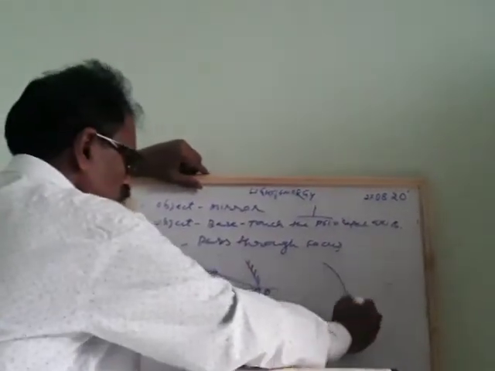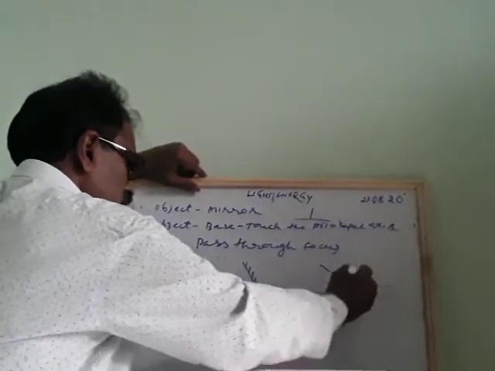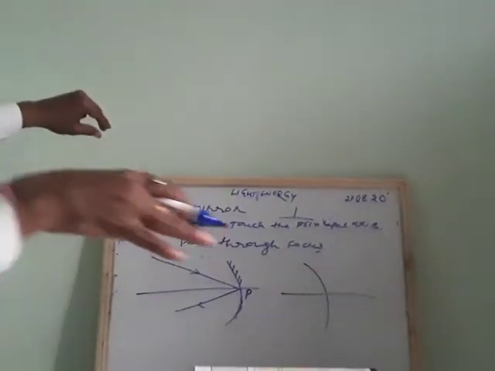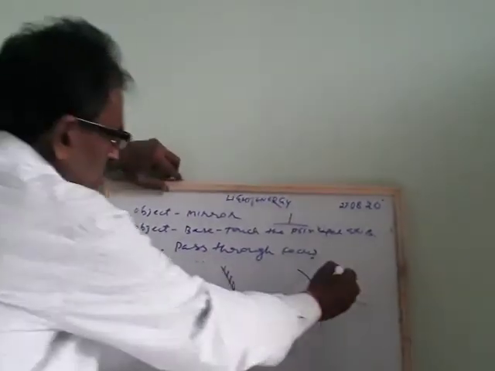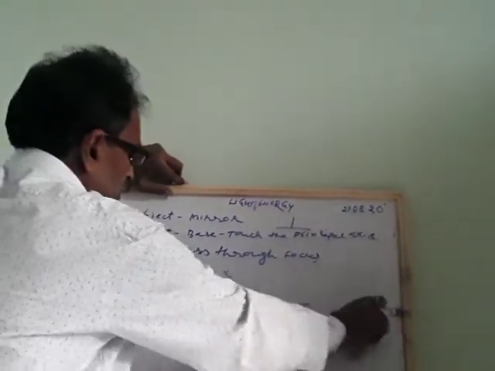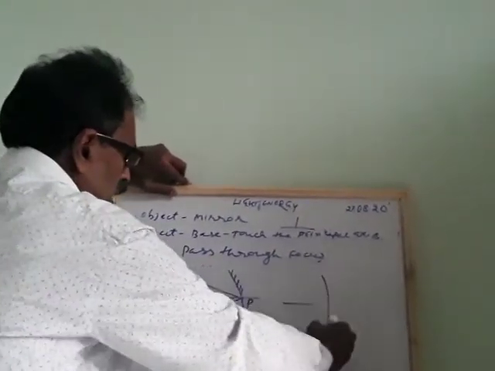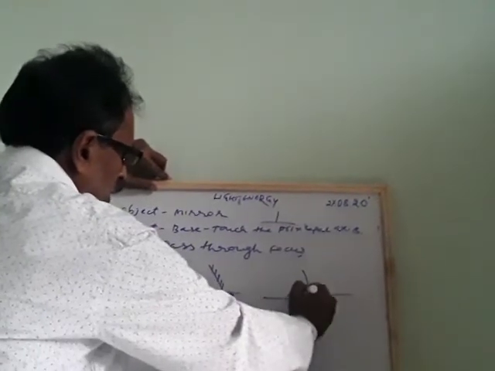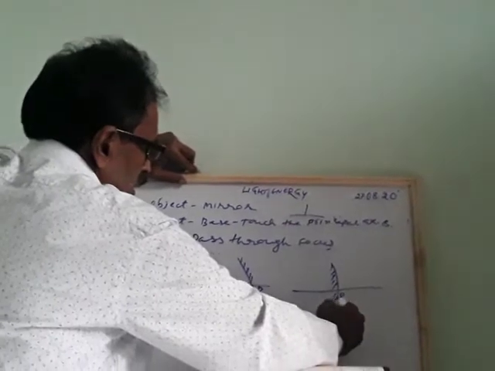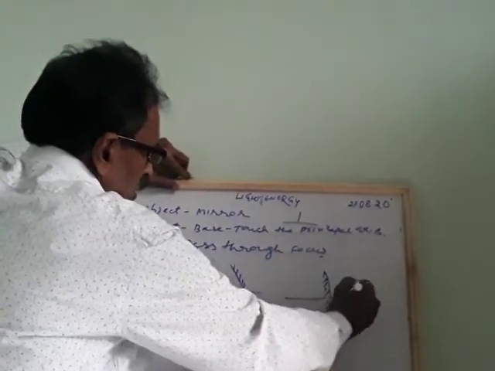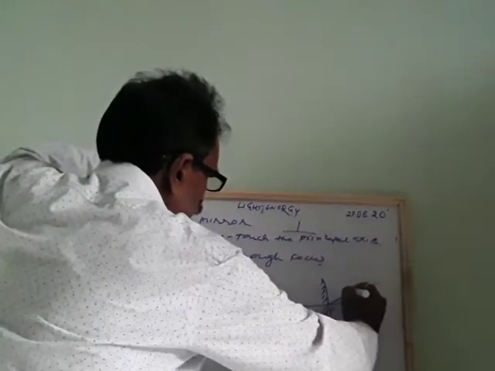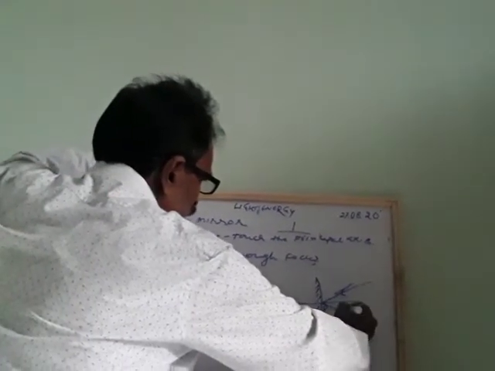In convex mirror also, all of them will fall and move back in the same direction. This is the pole, and this is the mirror. So when the ray falls in this direction, it makes equal angle and returns back.